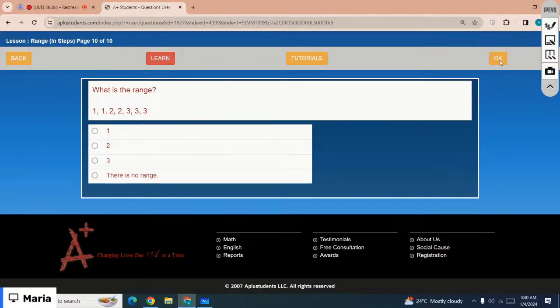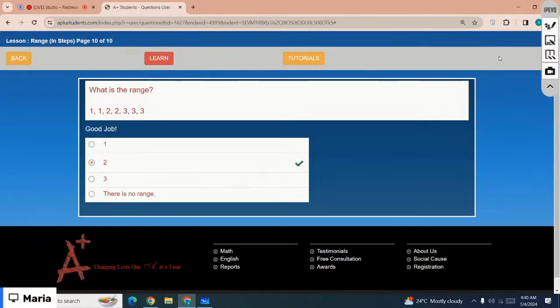The correct option is 2. Right? The greatest number here is 3 and the smallest number is 1. That is 3 minus 1, 2. Right?